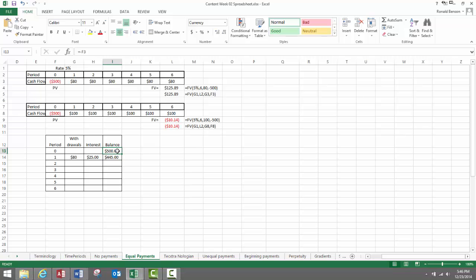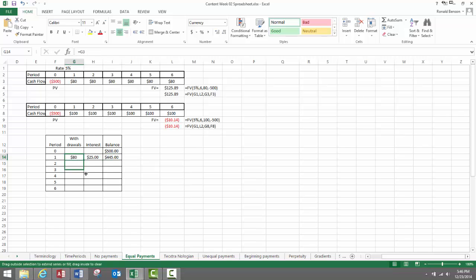Remember that, the end of the previous period. The end of a period is the same as the start of the next period. So over period 1, year 1, we have $500 on account. It has to be in the account for the whole year to earn this interest. But it's the $500 that's earning the interest, and then you end up at the end of that period with $445.